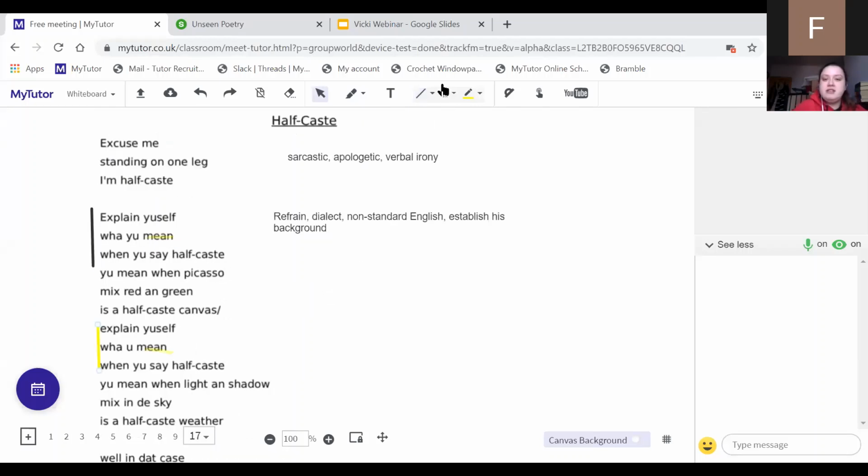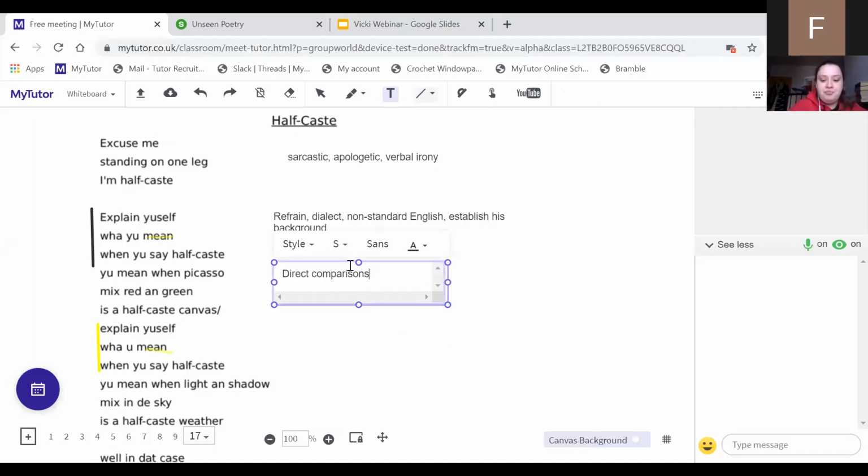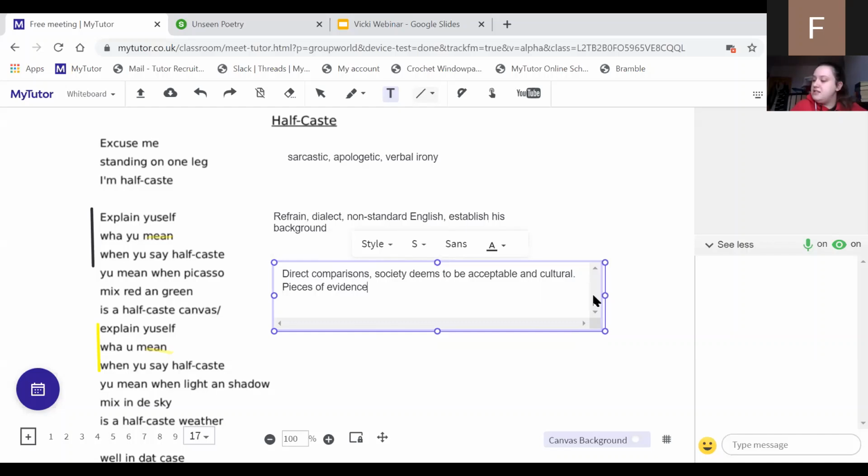Then he refers to sort of these metaphors essentially, and suggests a direct comparison, which is problematic. These are direct comparisons, things that are mixed, which society deems to be acceptable and cultural. So these are pieces of evidence, essentially. And he's tackling society's sort of ingrained thoughts.